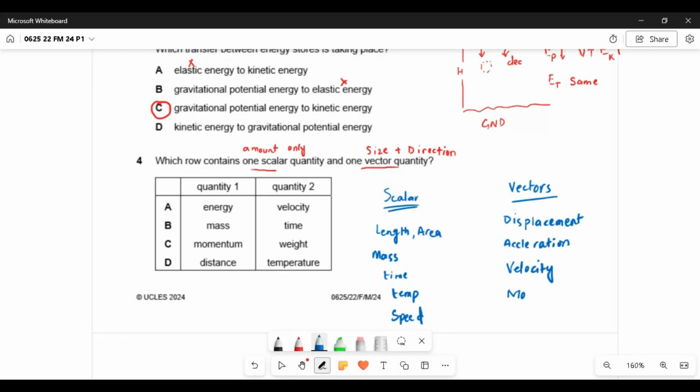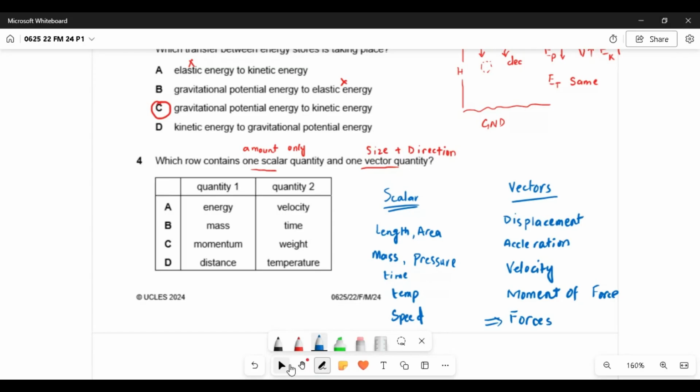Torque or moment of the force, and all types of forces. It could be weight, it could be tension, or friction. Any type of force is a directional quantity. If you talk about pressure, it's a scalar quantity. So there are a lot.